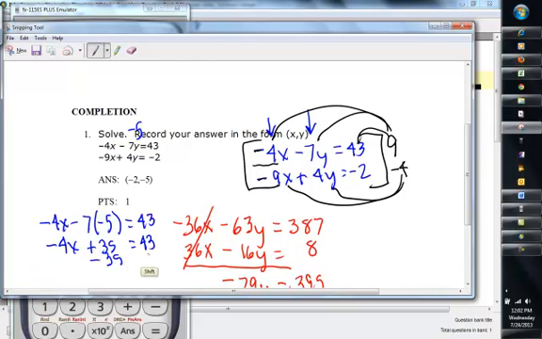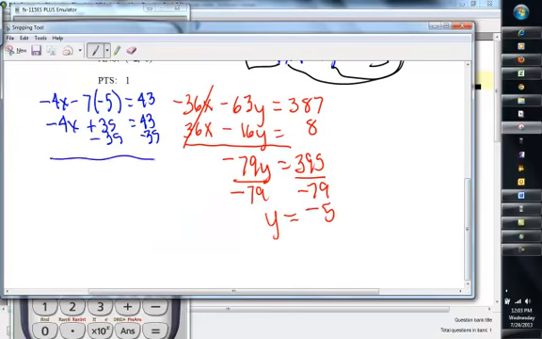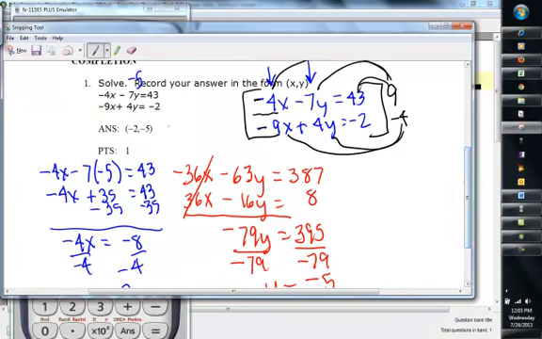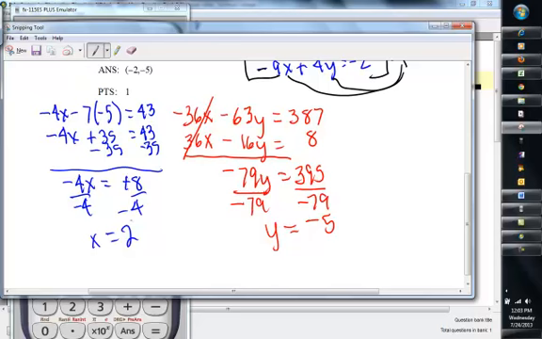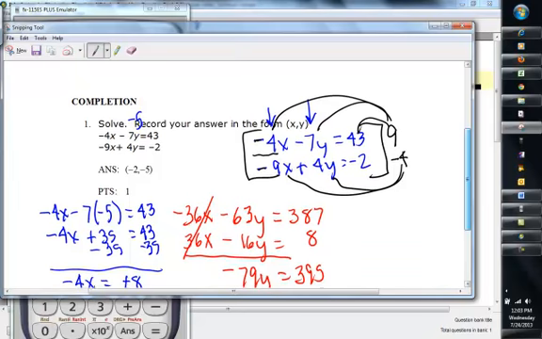Subtract 35 from each side, and I get negative 4x is negative 8. Divide both sides by negative 4. X is 2. So my solution is, this is positive 8. Divided by negative 4 is negative 2. So my solution is negative 2 and negative 5.